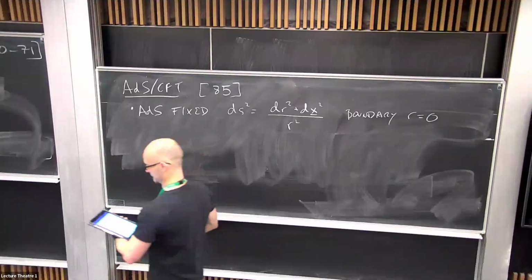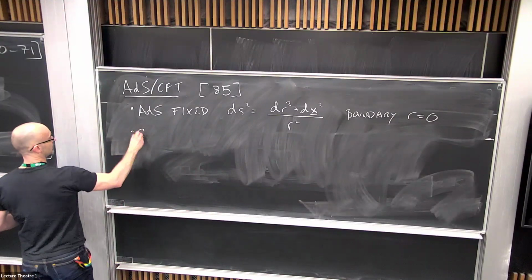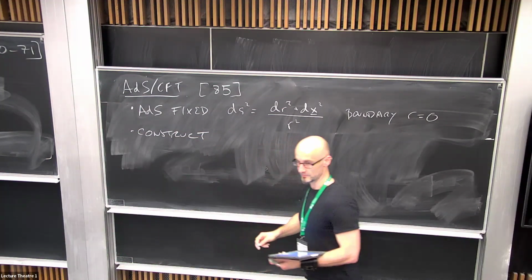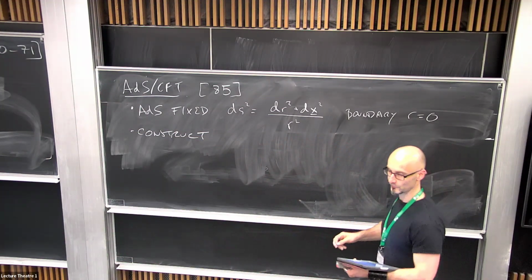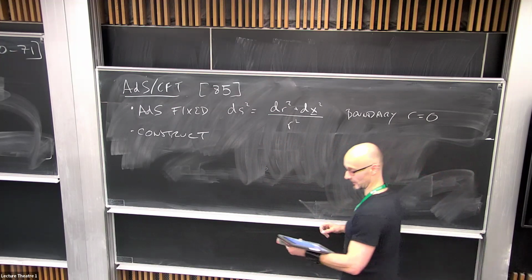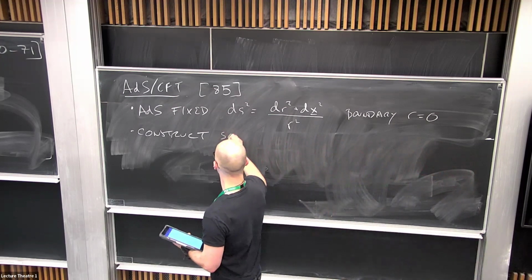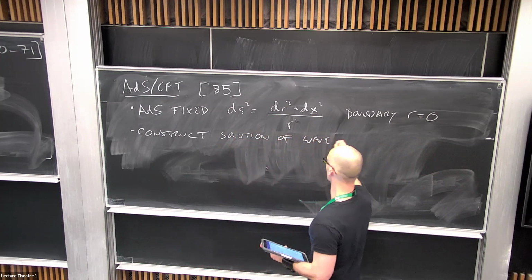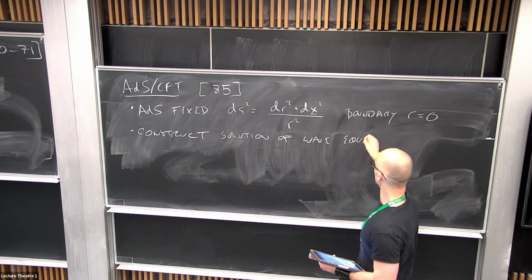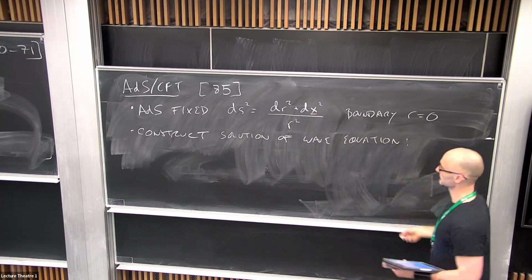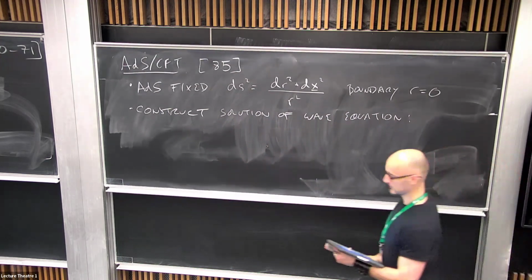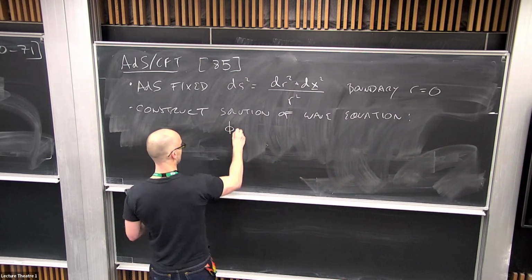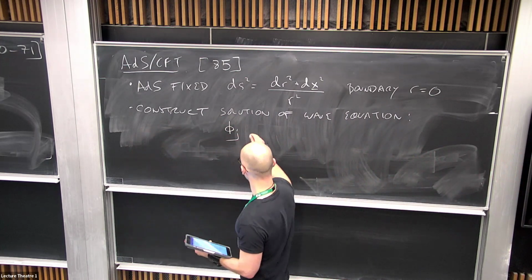I'm literally repeating what's in Witten's paper. He never talks about perturbiner in that paper, but it's exactly what he's doing. I want to put a scalar in this space-time, so I can construct a solution of the wave equation. Let's call it phi, with a little label J because I'm going to need two of them.